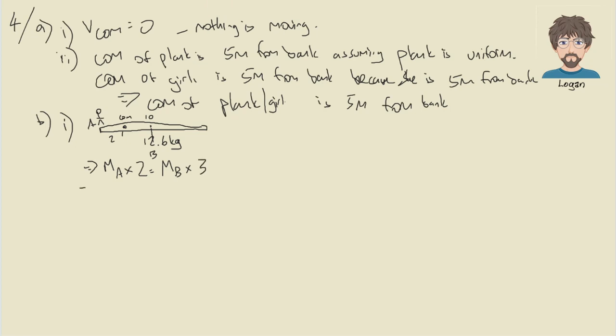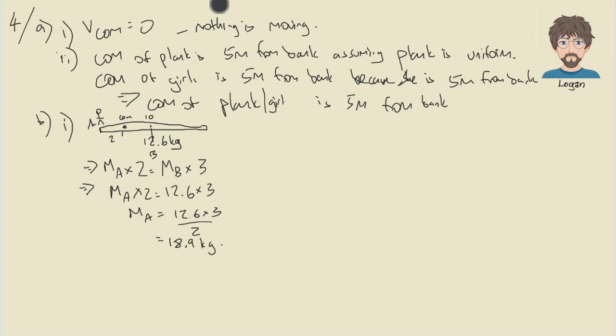If we know that MB is 12.6, so MA times 2 equals 12.6 times 3, MA equals 12.6 times 3 divided by 2, which is 18.9 kilograms. She's a very light girl, very light indeed.